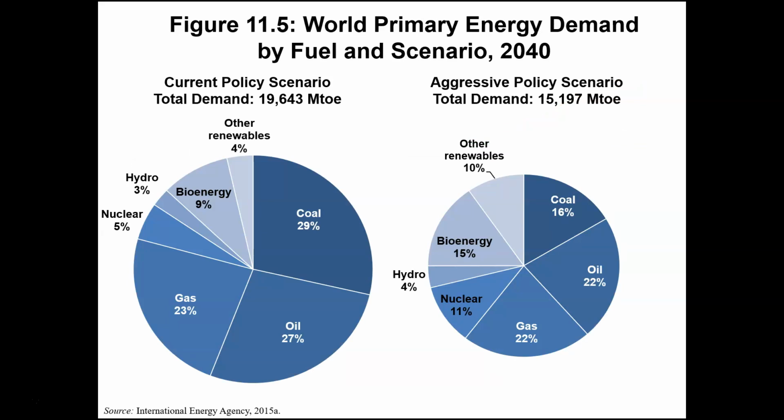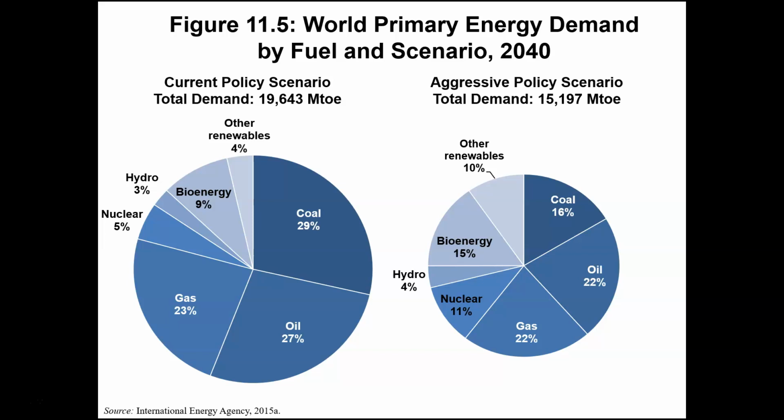Here's a pie chart snapshot of where we're projected to be in 2040, under current policy on the left versus under aggressive policy trying to shift us from non-renewable to renewable sources. Under current policy, notice that the pie chart for 2040 looks very much the same as the one we looked at in the beginning of this slideshow, of what the pie chart looked like in 2013.